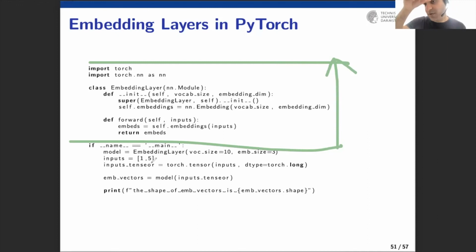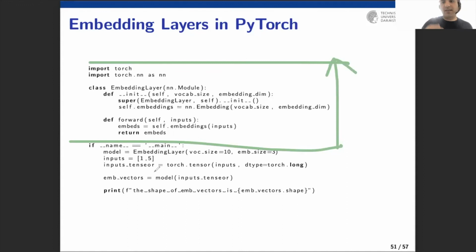Let's say we want to return word vectors or word embeddings for a word that has index 1 and a word that has index 5, and they appeared in a sequence like, for example, hello world, right? Hello has index 1 and world has index 5.